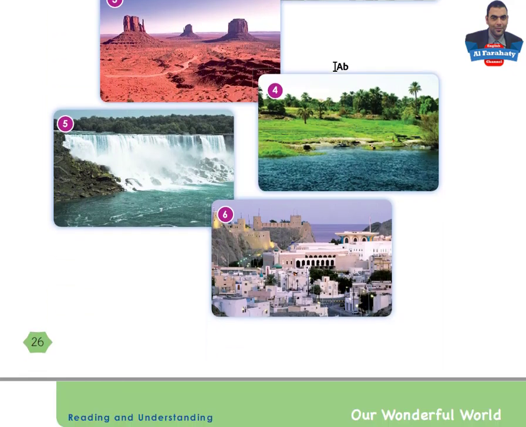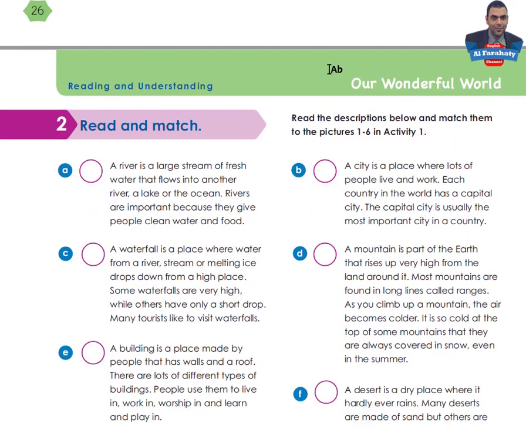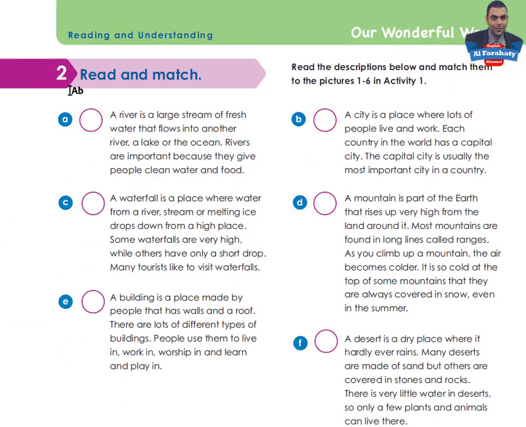Let's go to page 27. Activity 2. Read and match. Read the descriptions below and match them to the pictures 1 to 6 in Activity 1. Dear students, we are asked to read these descriptions.